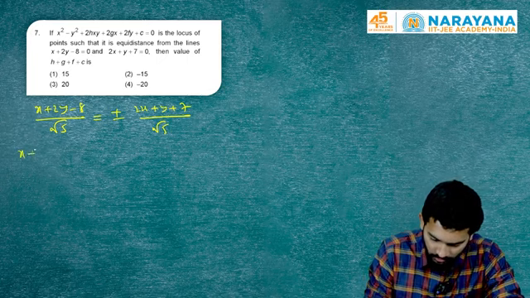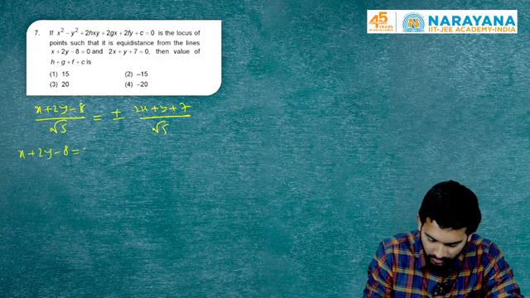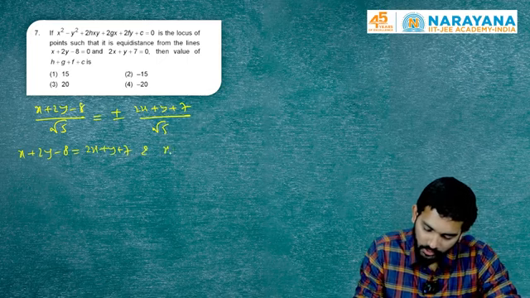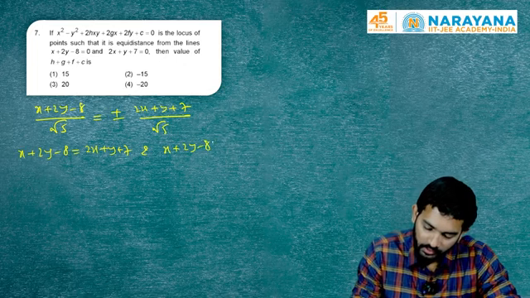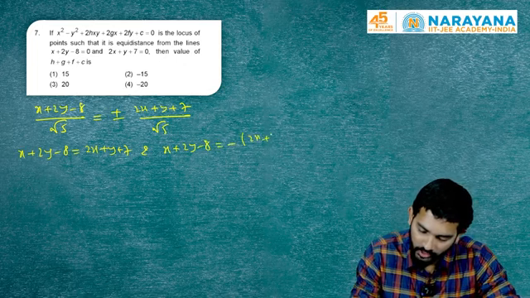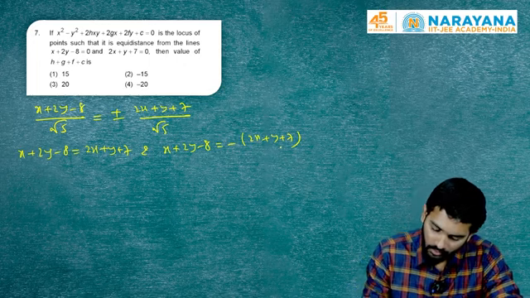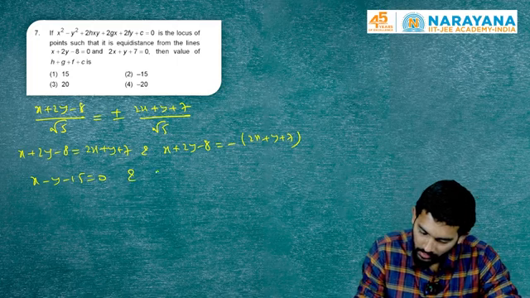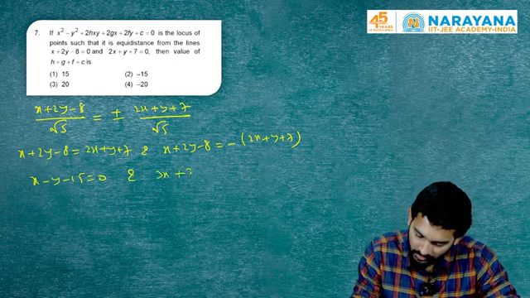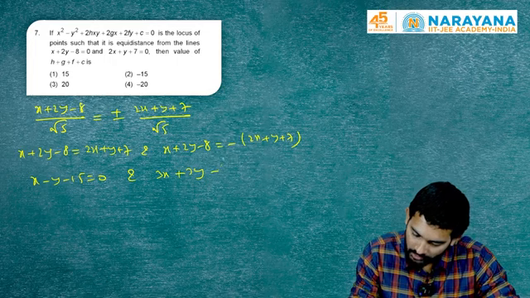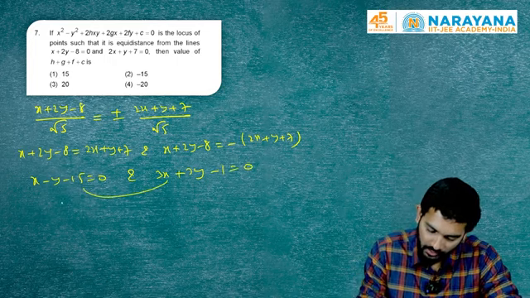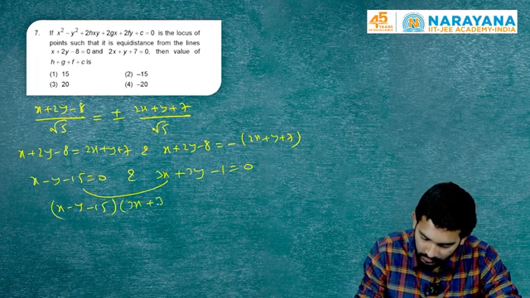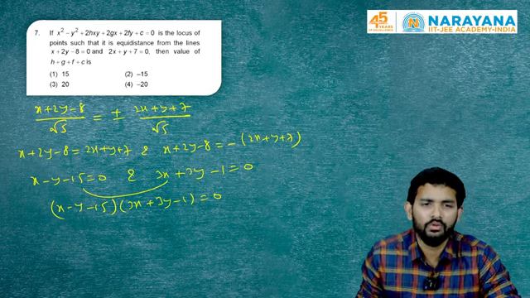So which means one equation will be x plus 2y minus 8 is equal to 2x plus y plus 7, and the other equation will be x plus 2y minus 8 is equal to minus of (2x plus y plus 7). So from here I'll get x minus y minus 15 equal to 0, and 3x plus 3y minus 1 equal to 0. So if I multiply these two, (x minus y minus 15) into (3x plus 3y minus 1) equal to 0.